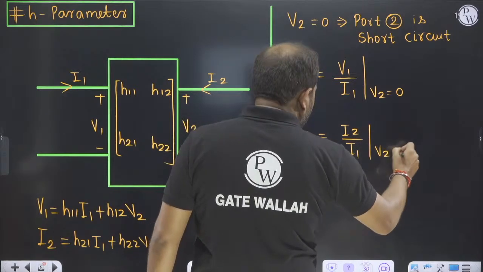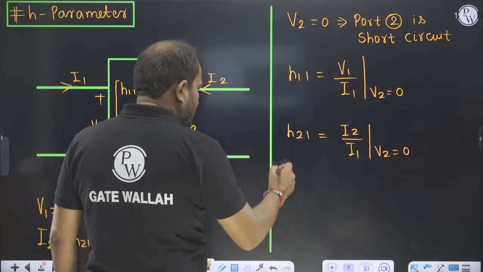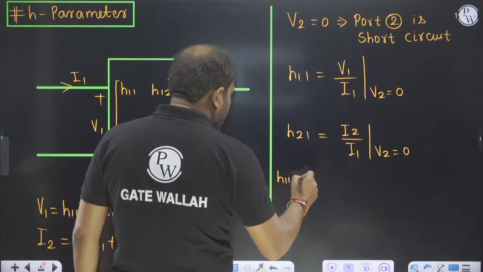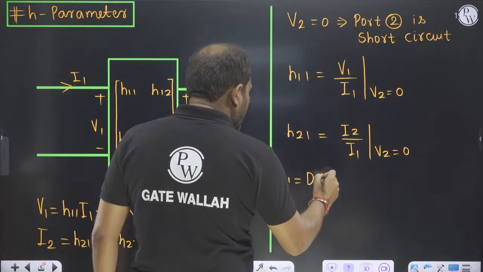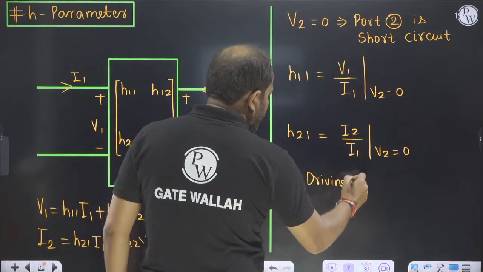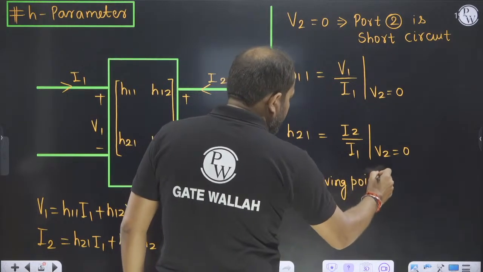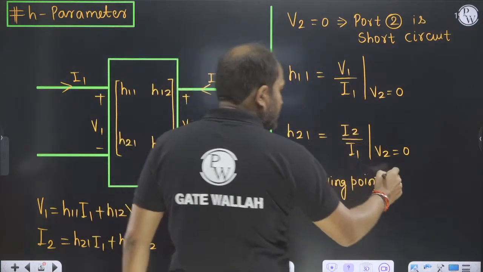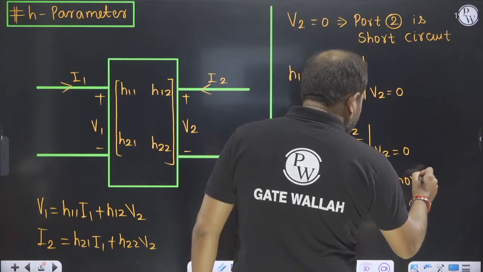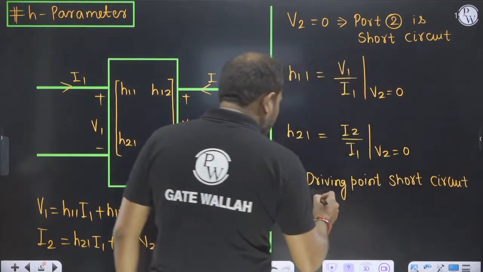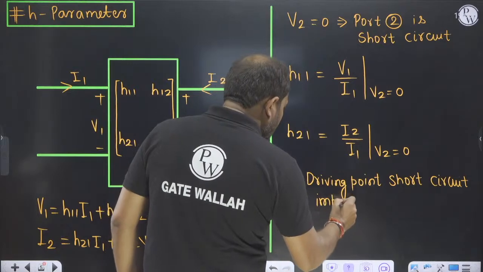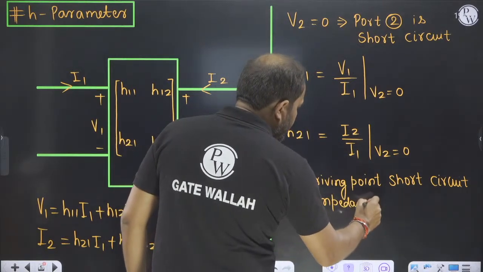H11 is known as the short circuit driving point impedance. It is V by I, so it is impedance, the short circuit input impedance.